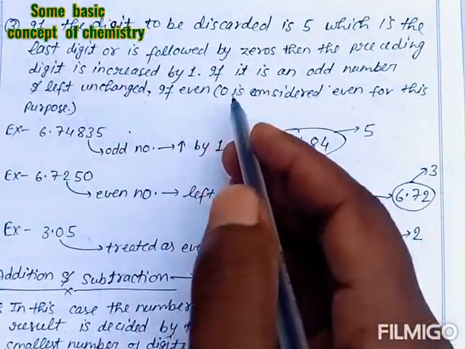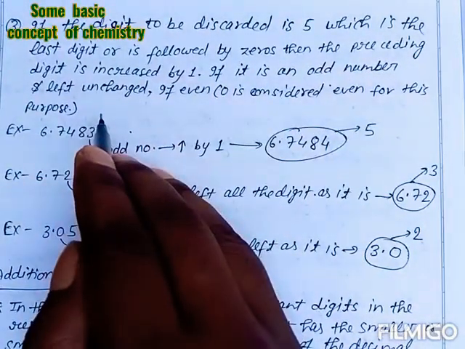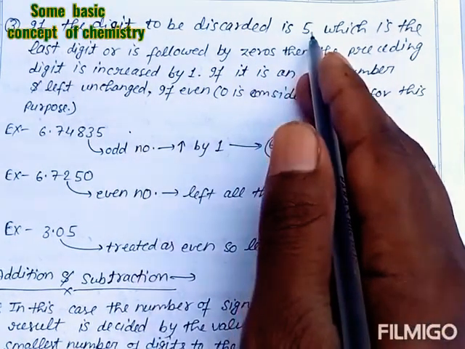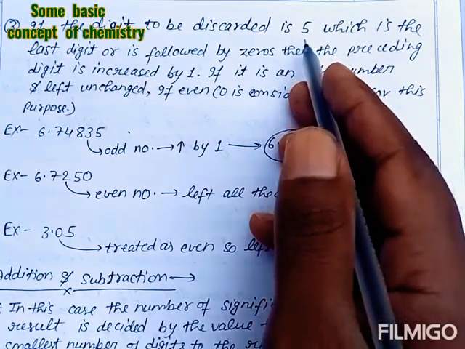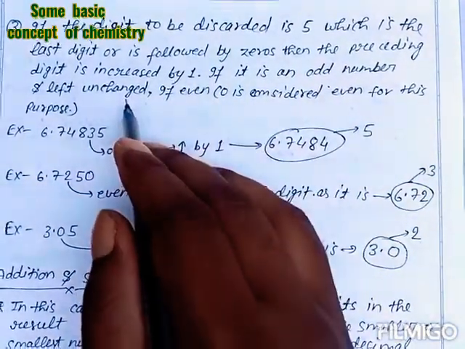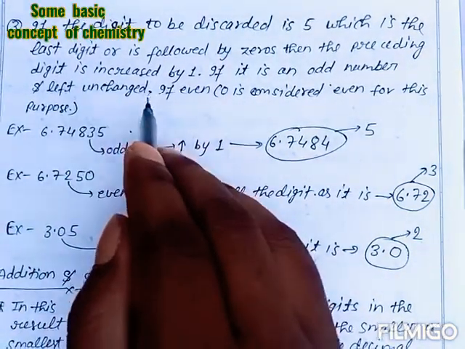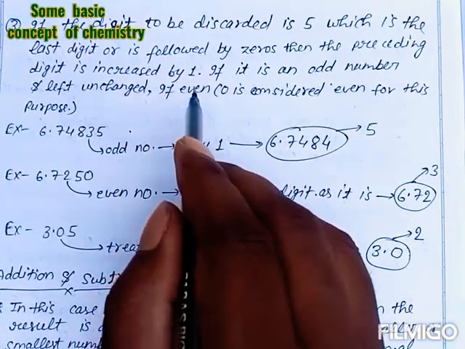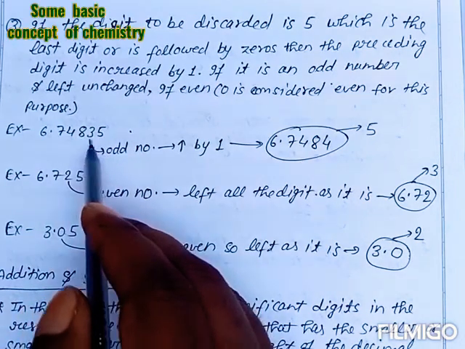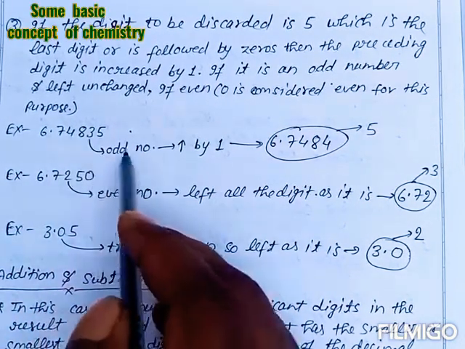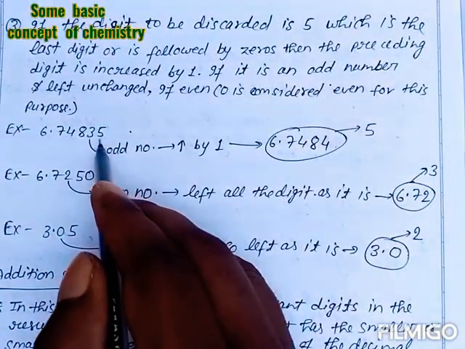It means the digit is exactly 5, not less or greater than 5, so there are two conditions: if the digit before 5 is odd, increase it by 1, and if even, leave it as it is. For example, 6.74835: 3 is odd, so it will be increased by 1, so 6.7484, because the last digit is exactly 5.